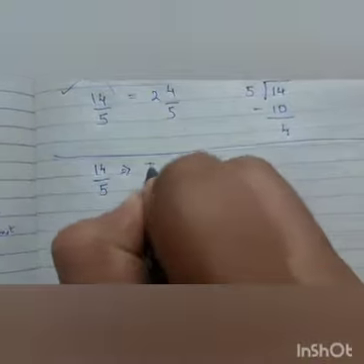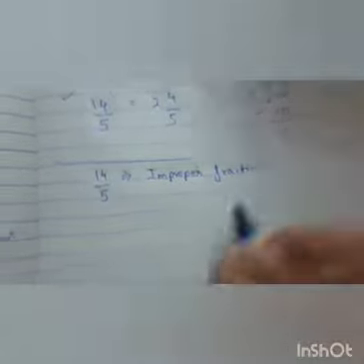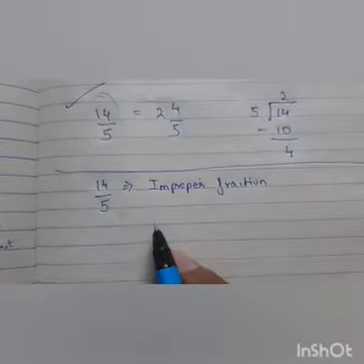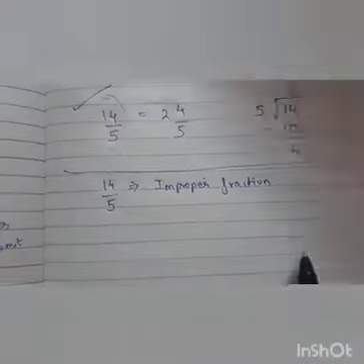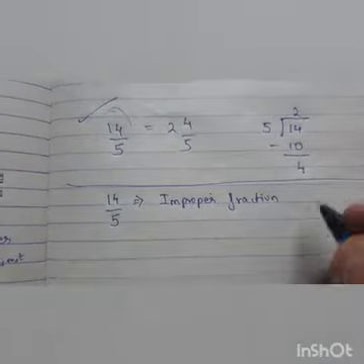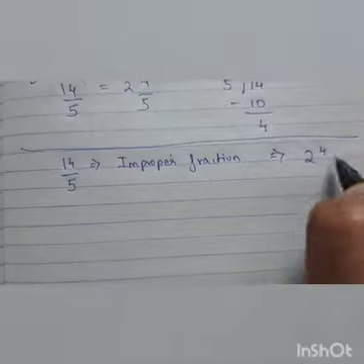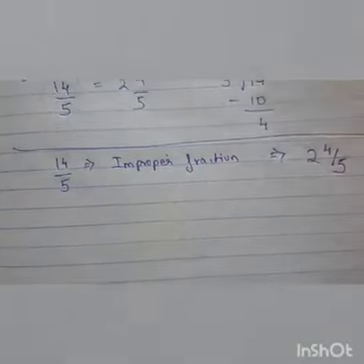It is an improper fraction. Whenever you need to represent an improper fraction on a number line, first convert it into a mixed fraction. When you converted it, you got 2 whole number 4 upon 5.